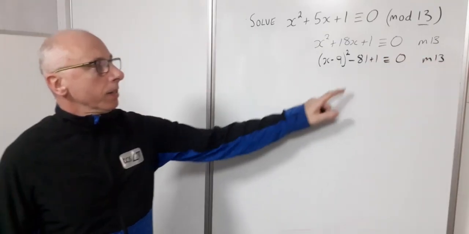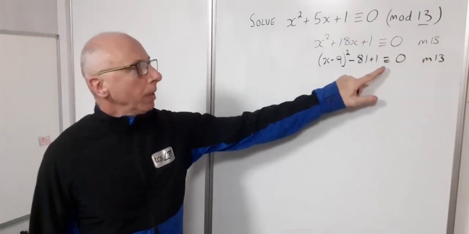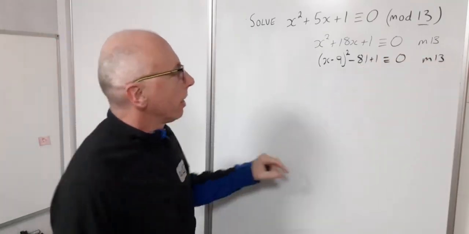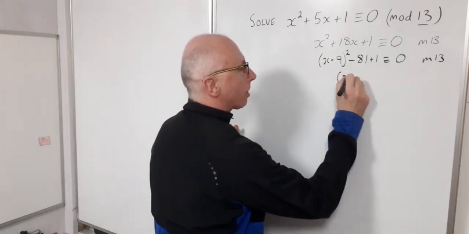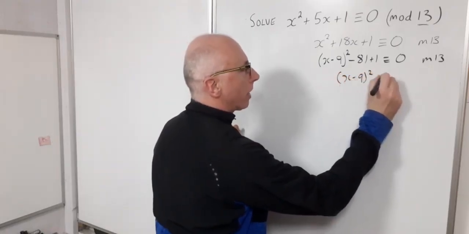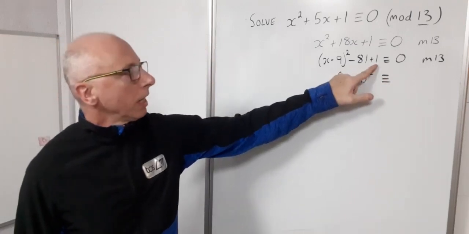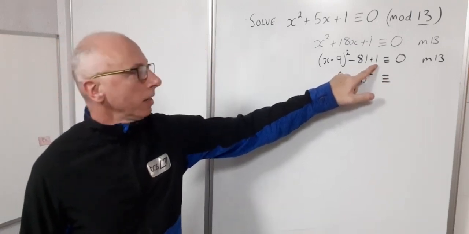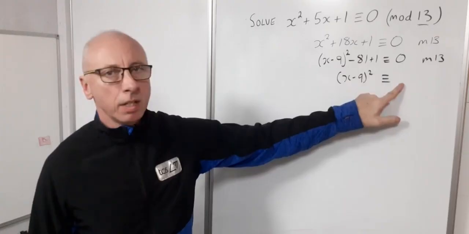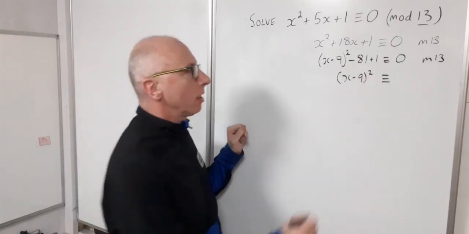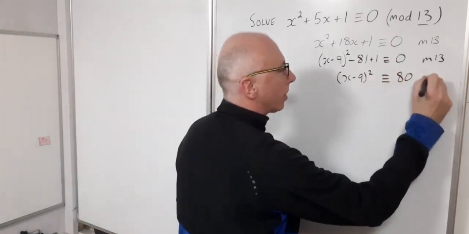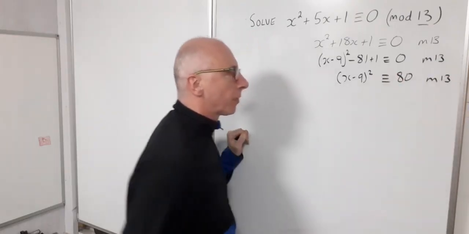Okay. So now let's simplify this a little bit and bring it onto the other side. So now we've got x minus 9 squared is congruent with, well, minus 81 plus 1 is minus 80. Bring it onto the other side by adding 80 to both sides, we get 80, modulo 13.